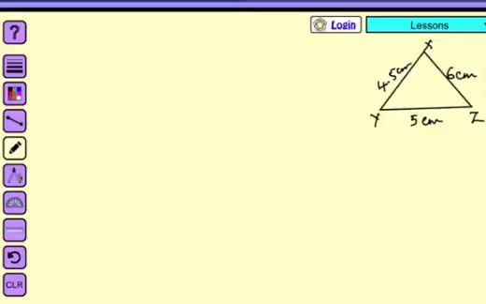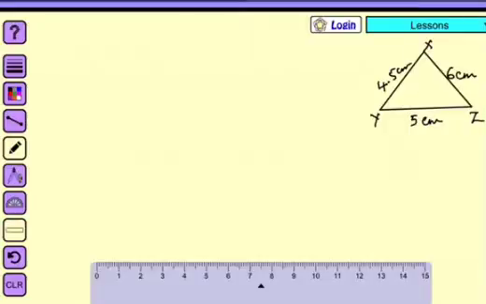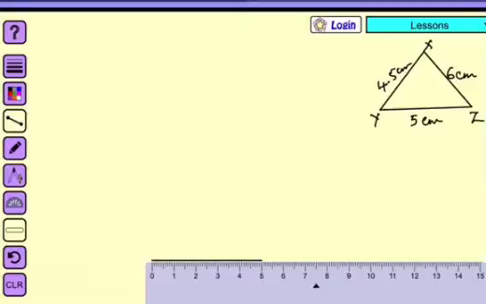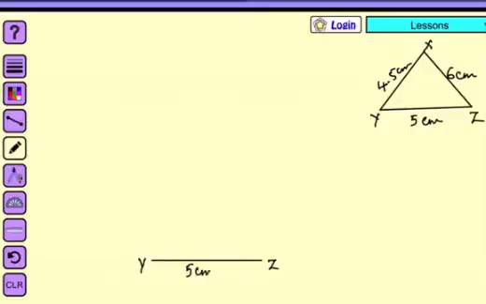Now, to start off with the construction, the first step is to draw a line segment YZ. We will start with the baseline YZ of length 5 centimeters. So, we are drawing a line segment of 5 centimeters. We will name it.